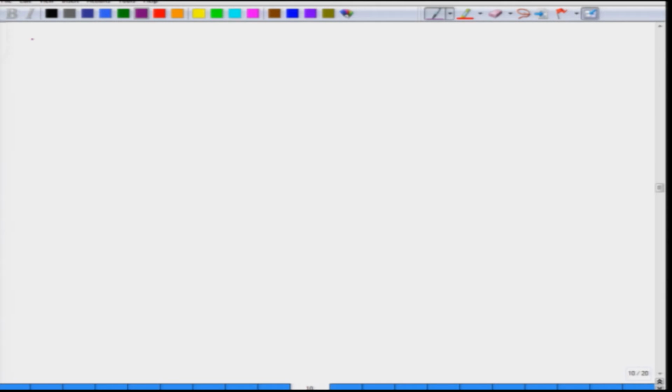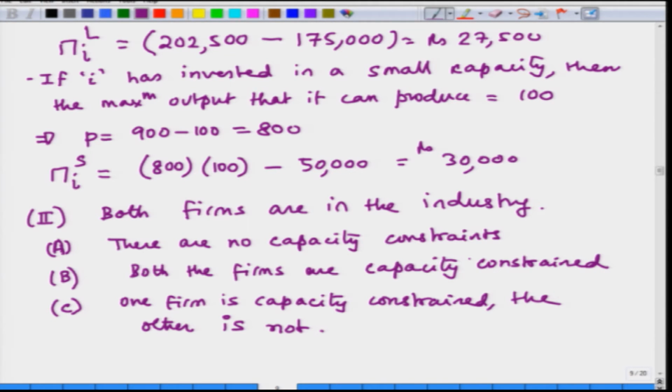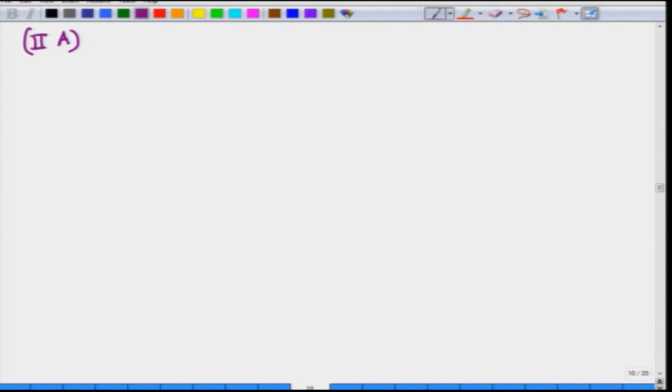So, let us start with 2A, which is both the firms do not have any capacity constraint. Well, if both the firms do not have any capacity constraints, let us ask what is going to be the post entry Cournot outcome.